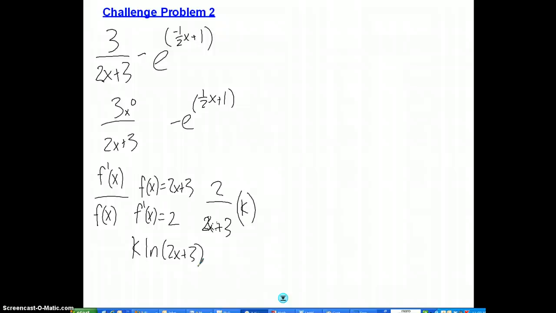The original problem shows 3 over 2x plus 3, so 2 over 2x plus 3 times k is equal to 3 over 2x plus 3, which is rewritten as 2k is equal to 3, and thus k is equal to 3 over 2.